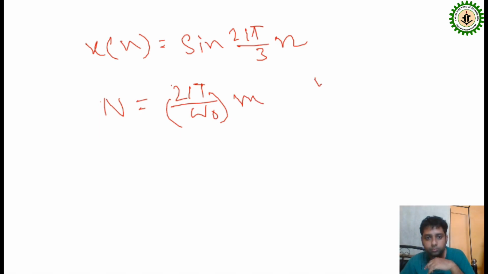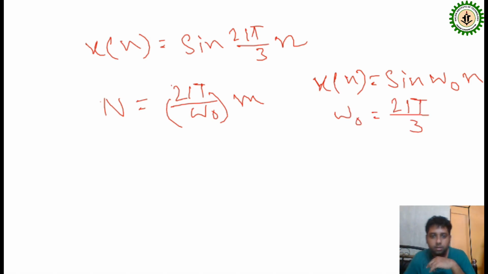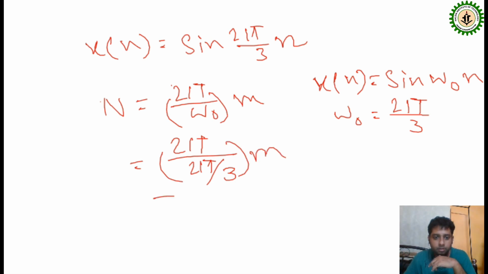If we compare with the standard expression, that is x of n is equal to sine omega naught n, then we will get omega naught is equal to 2 pi by 3. Now if we replace this omega naught here, we will get 2 pi divided by 2 pi by 3 into m. Now if we simplify it, we will get 3m.